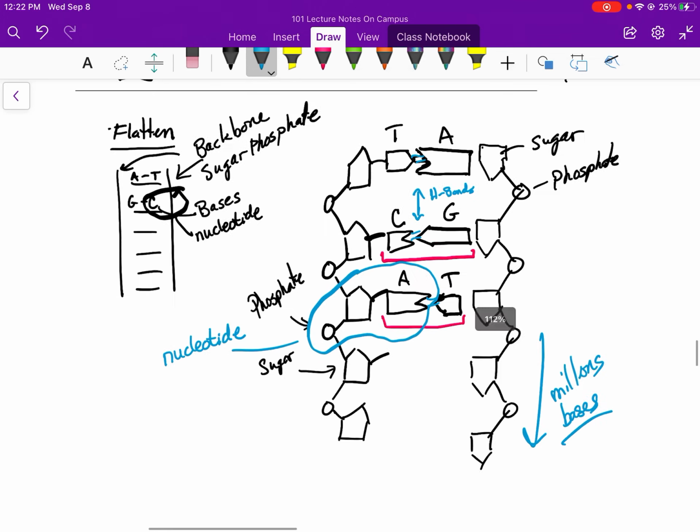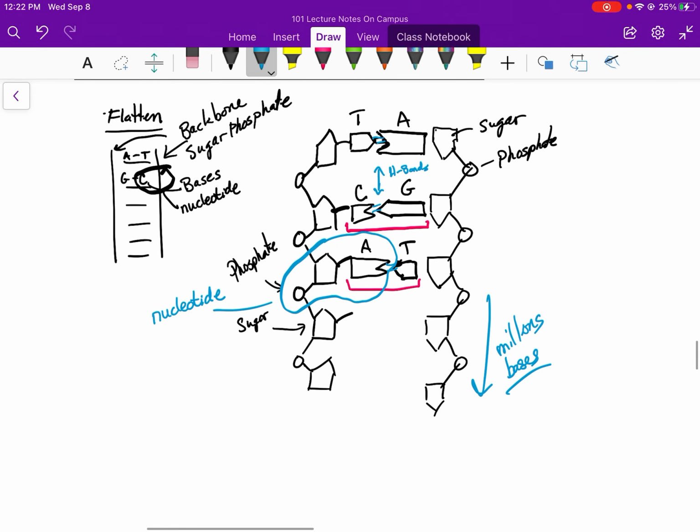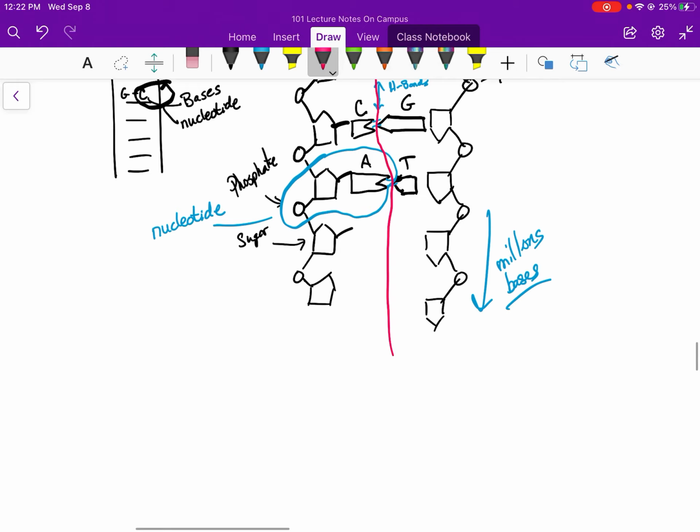Now you can see from this molecule that it would be very easy to fill in one half. Let's say that you cut the molecule down the middle using some sort of a cutting device. So I'll take out these little width markers here, and I'll just say let's cut it right down the middle. If you only had half, and your half said, for example, TCA, you could easily recognize the only thing that fits in there is AGT on the other side.